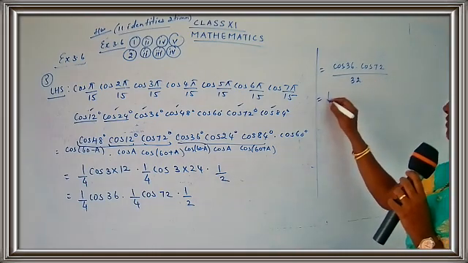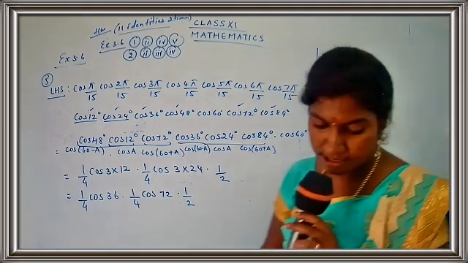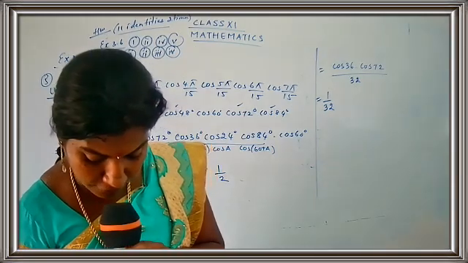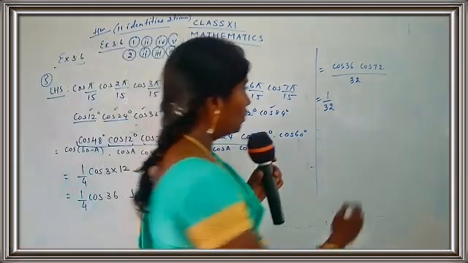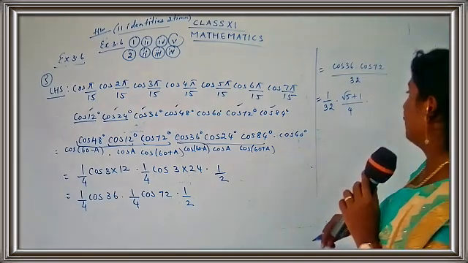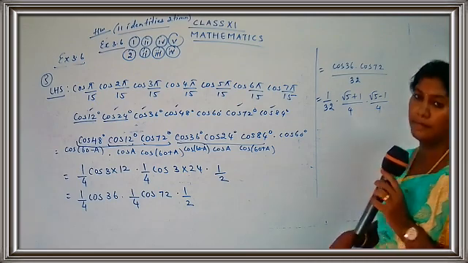So I'm just going to write down this 32 separately. I'm going to put the value for cos 36. What is the value for cos 36 children? We have already taken down the formula. Cos 36 is root 5 plus 1 upon 4. And what is the formula for cos 72? Root 5 minus 1 by 4.